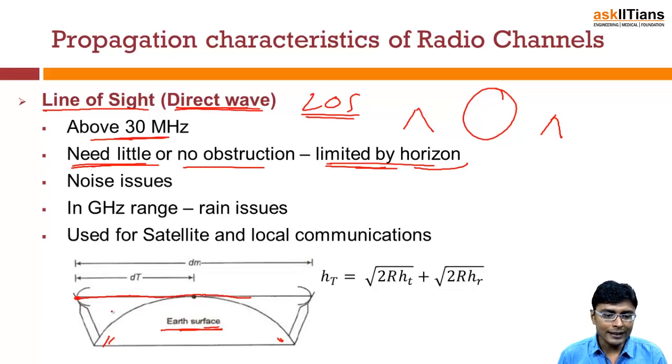If the height is decreased, then the earth surface will act as an obstacle between them. Therefore they are limited by the earth's curvature.